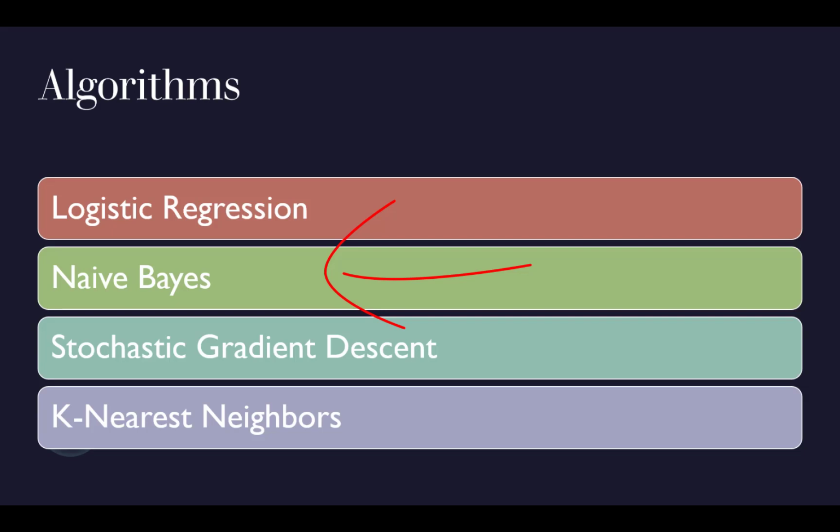There are some use cases that are most popular and they're better with the naive Bayes algorithm. Those use cases are disease predictions, document classification, spam filters, and sentiment analysis.